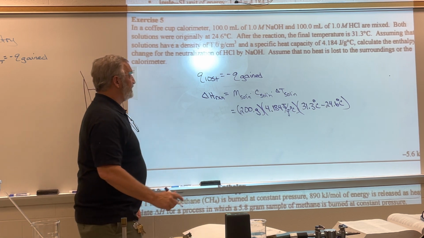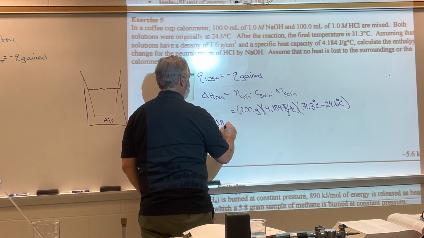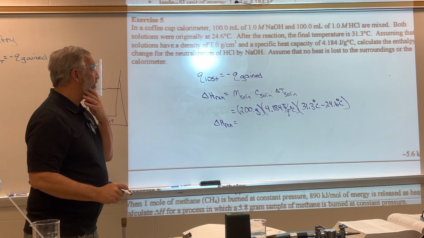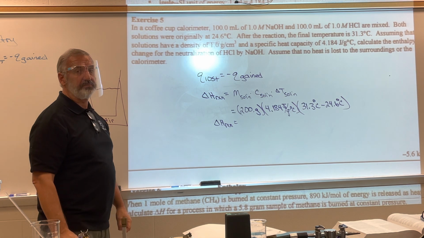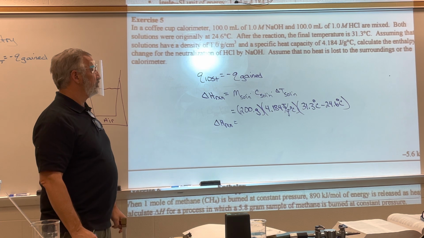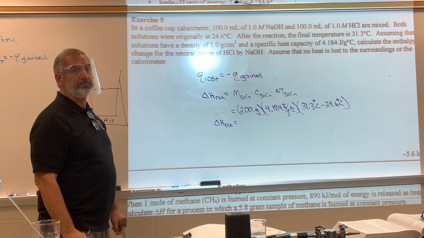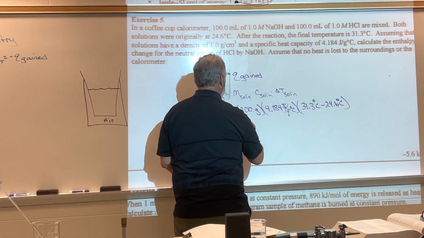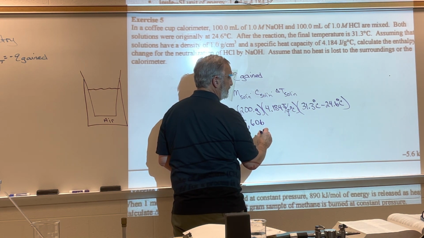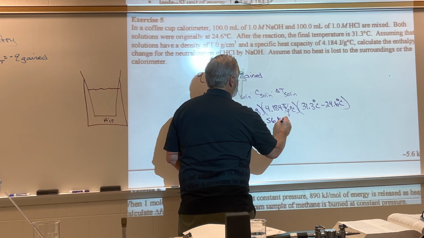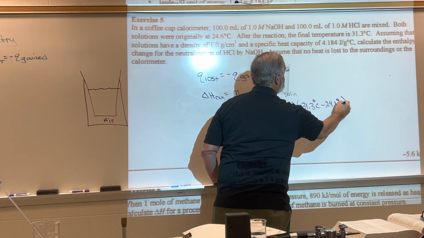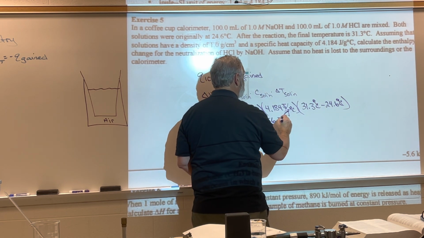When we do all of that, delta H turns out to equal 5,606.56. Okay? That's not kilojoules. Notice grams cancel, degrees Celsius cancel. That's going to leave me that many joules.